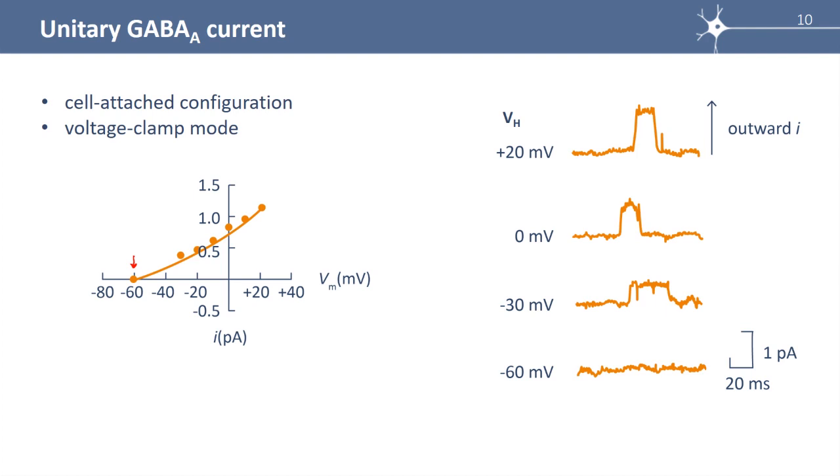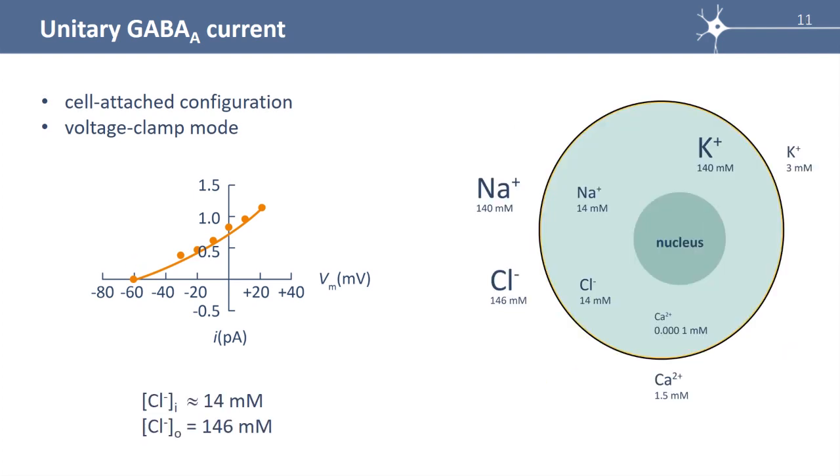If this hypothesis is right, do chloride ions go in or out in the situations that we have studied here? Let's have a look. Chloride ions, due to the concentration gradient, have a tendency to enter the neuron. And at, for example, plus 20 millivolt, when the membrane is more positive on the inner side than on the outside, of course chloride ions also have a tendency to enter due to the electrical gradient.